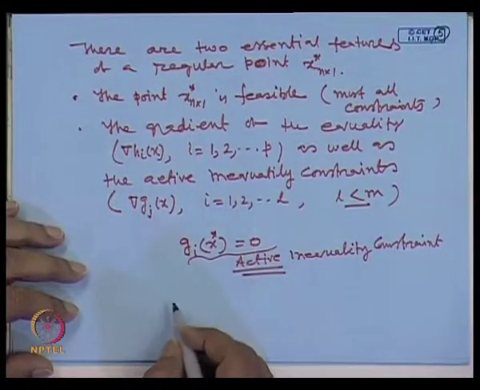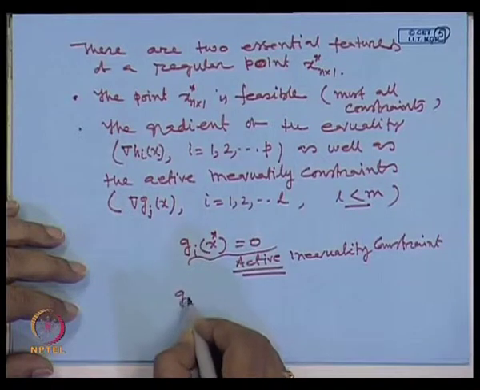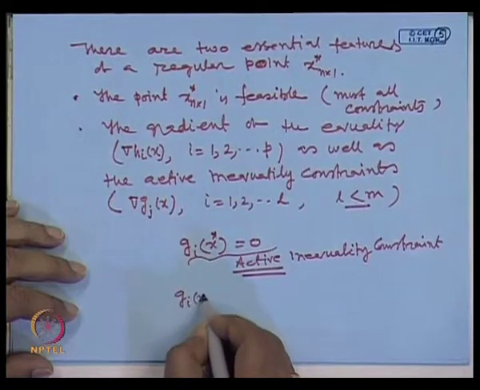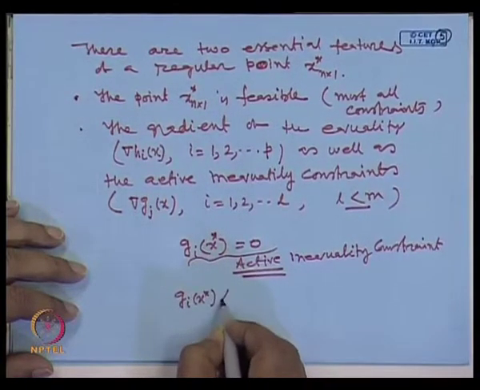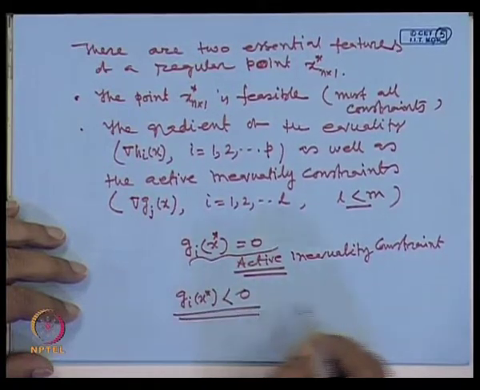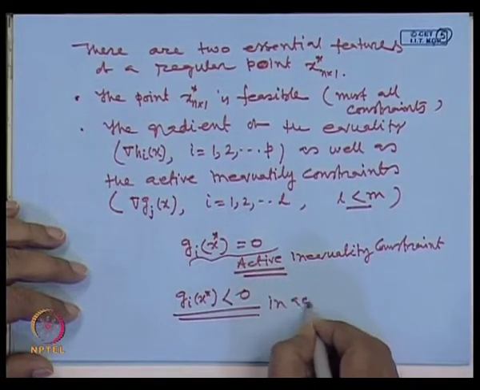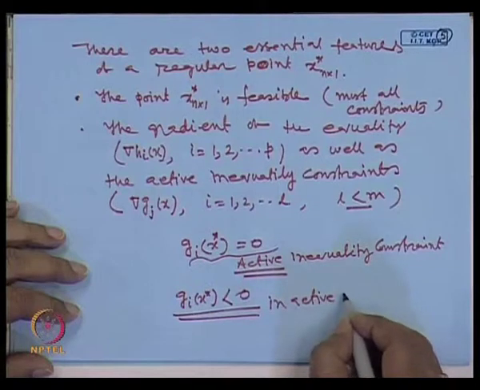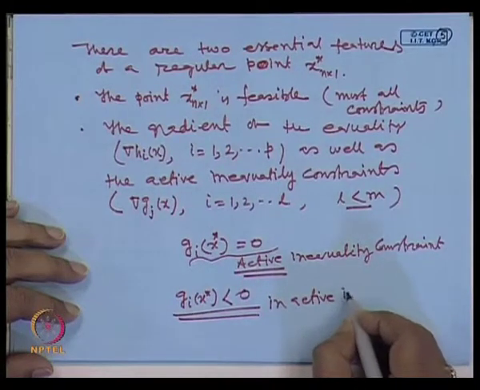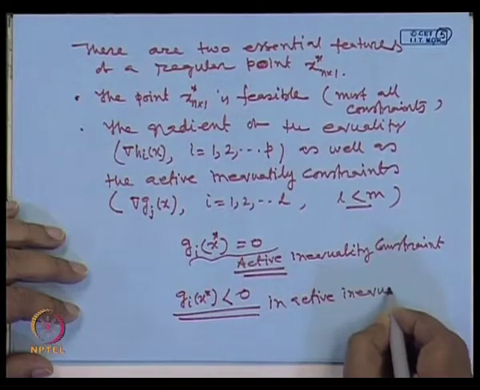And inactive inequality constraints are those where g_i(x star) is less than 0.